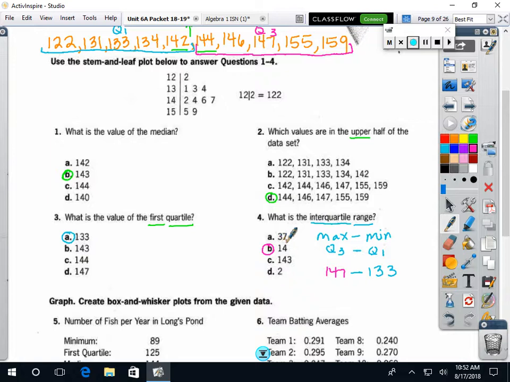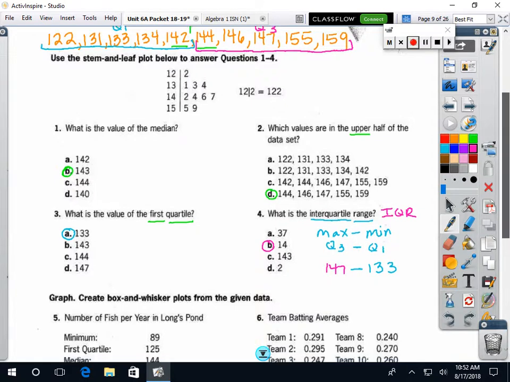Now most of the time you'll see it written out as IQR, interquartile range. Regular range is the maximum minus the minimum, so interquartile range is the max quartile, Q3, minus the min quartile, Q1. The highest quartile minus the lowest quartile.